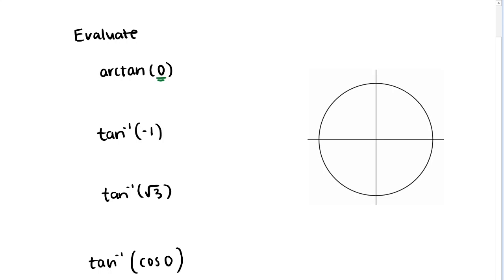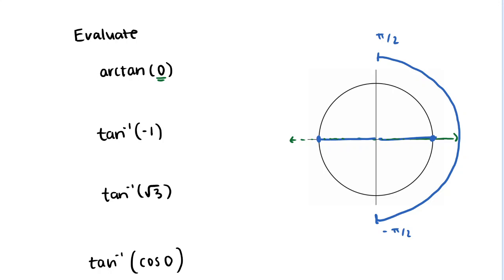And so here, maybe let me start by drawing a line with a slope of 0. So here, angles with the slope of 0 land here and here. But arctangent is only going to give us back angles between negative pi over 2 and pi over 2.